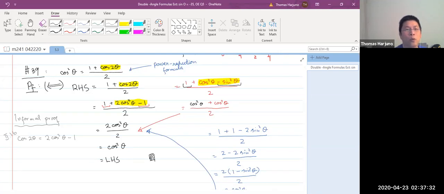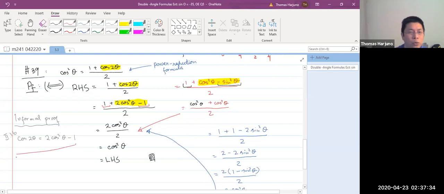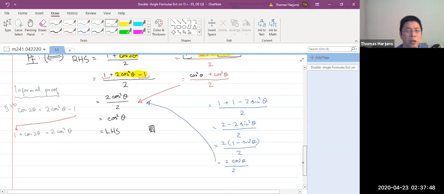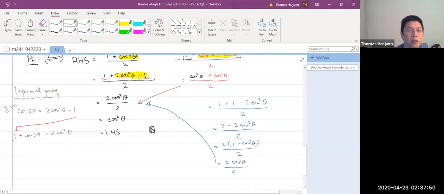Now, move this one to the left, so it becomes 1 plus cosine 2 theta equals 2 cosine squared theta. And then divide the whole equation by 2. Then you get 1 plus cosine 2 theta over 2 equals cosine squared theta.